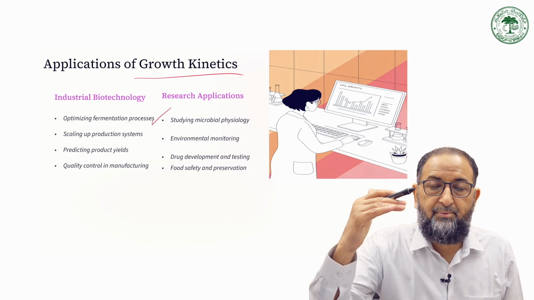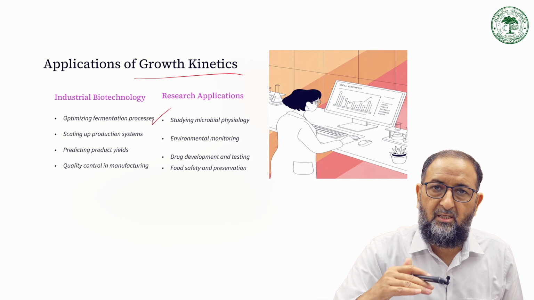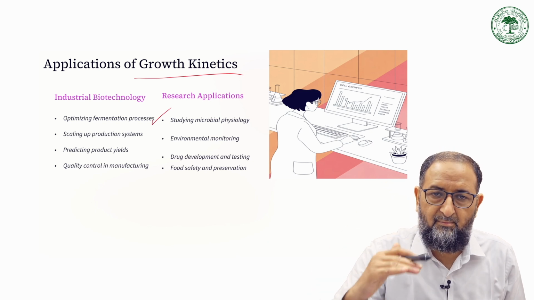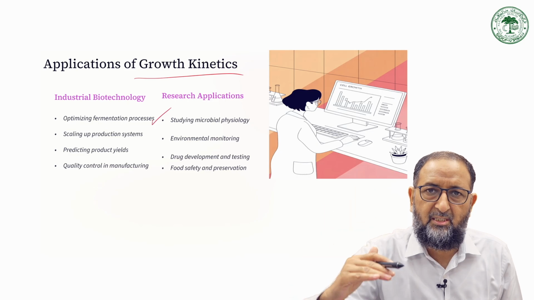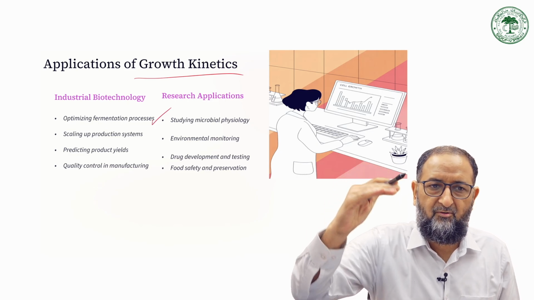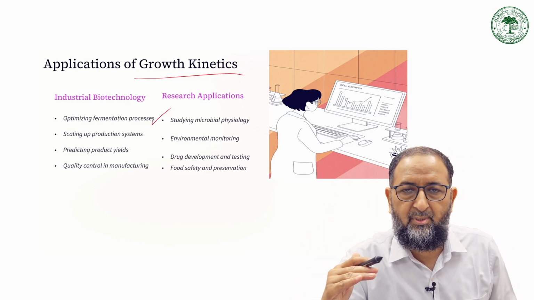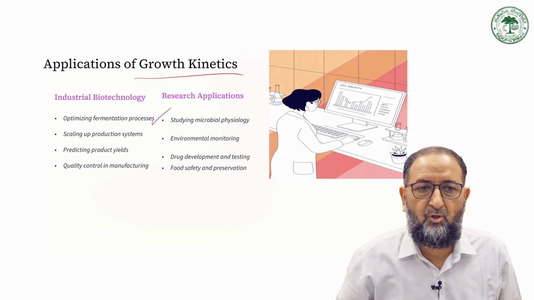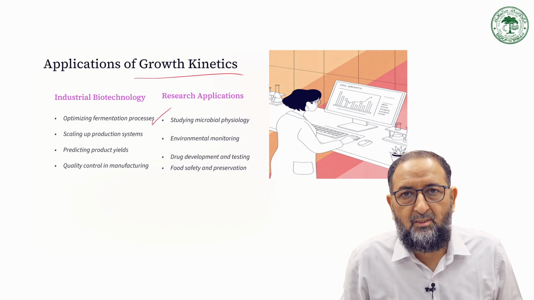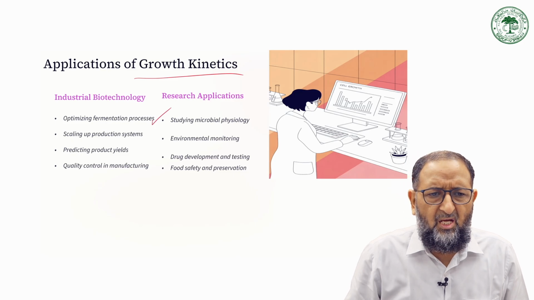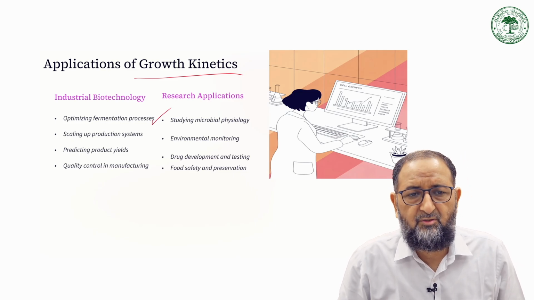You can scale up production. Suppose you are getting low scale production; then you can scale up by maintaining the growth kinetics. You can estimate the growth kinetics and increase it. The faster the growth rate, the faster the product development, and the more product development. So this is one advantage. Predicting the product yield: you can get the yield of the product. It's very simple. Now, quality control in manufacturing is again very important.